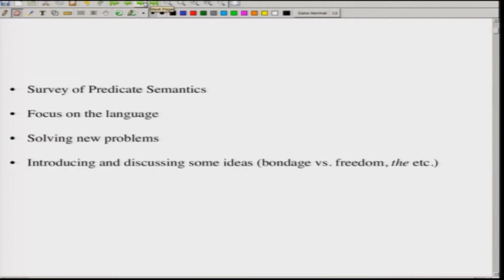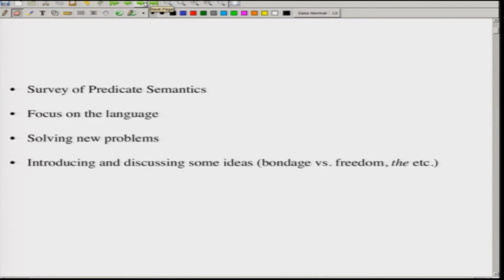In this session, we are going to concentrate on the language issue, that is, how exactly to represent each and every step of problem solving, whatever you call it. And then we shall solve new problems we did not really solve in previous sessions, and problems we did not really consider, and also introduce and discuss a few new ideas.